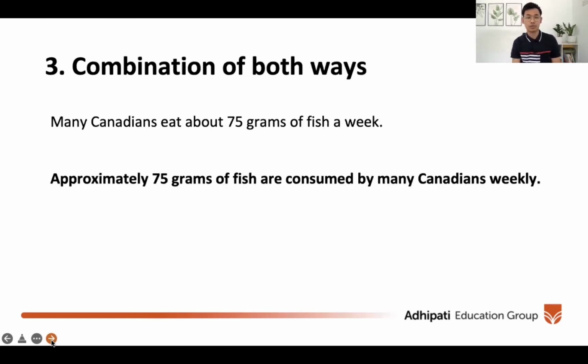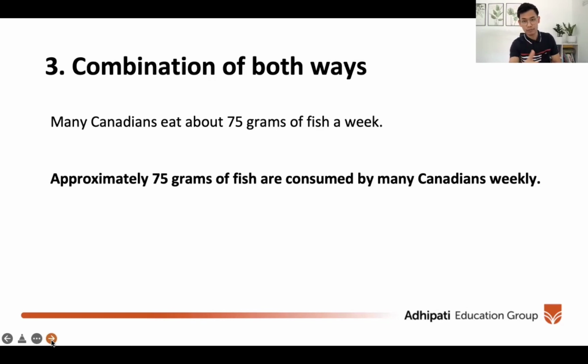And now let's go to the third approach, which is a combination of approach 1 and approach 2. So the example sentence is: many Canadians eat about 75 grams of fish a week. And the way I paraphrased that sentence is: approximately 75 grams of fish are consumed by many Canadians weekly, right?